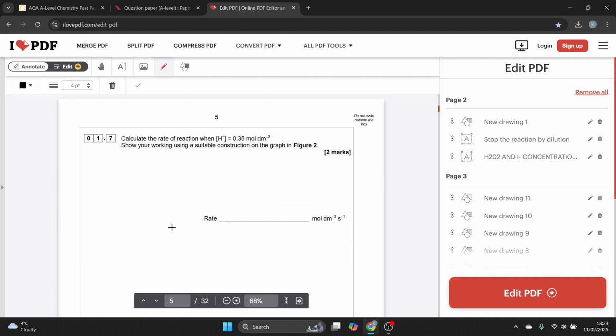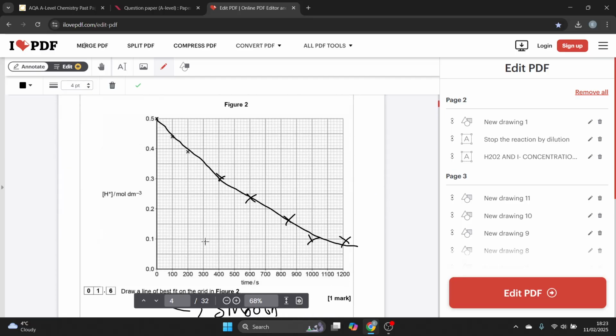Then it says calculate the rate of reaction when the concentration of H plus is 0.35. Show your working with suitable construction on the graph, Figure 2. 0.35, I go here. I want to calculate the rate, so I'll draw a tangent to the curve here, then draw a big triangle and work it out from there.